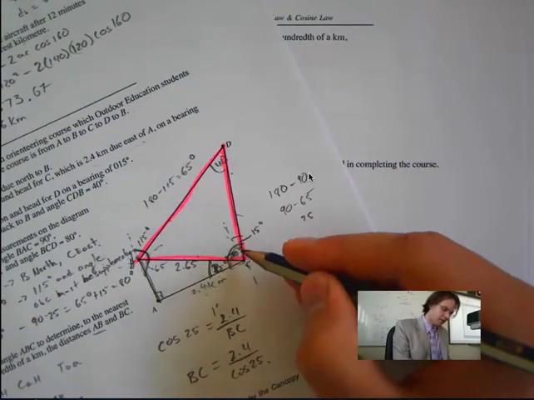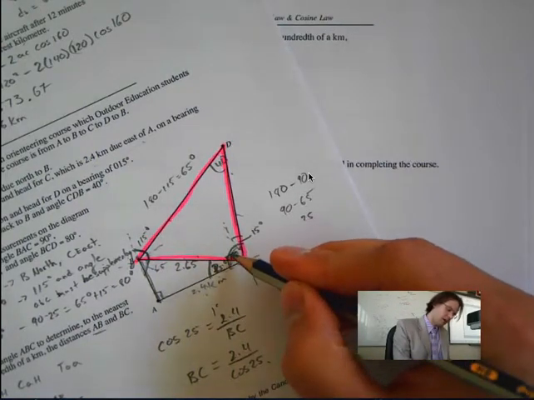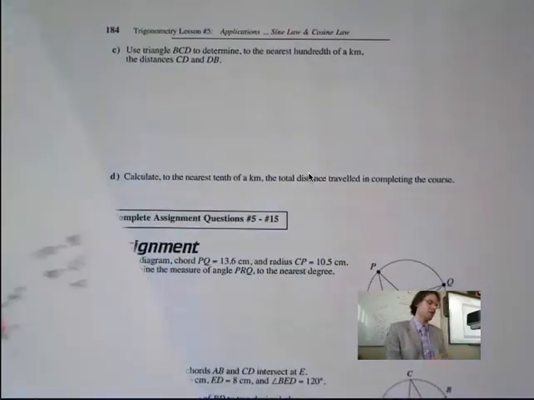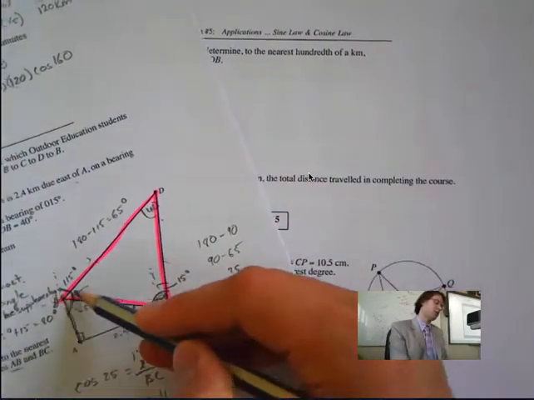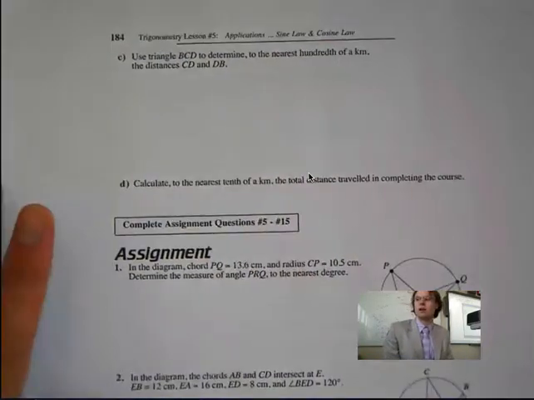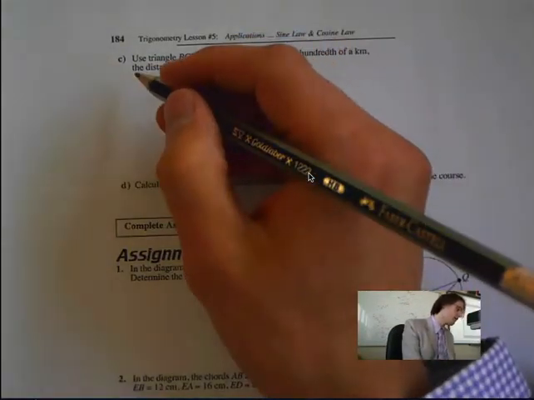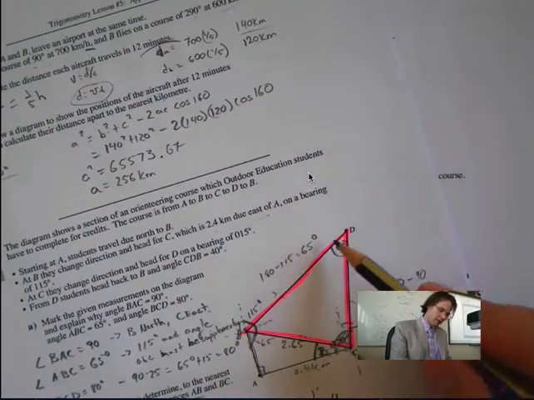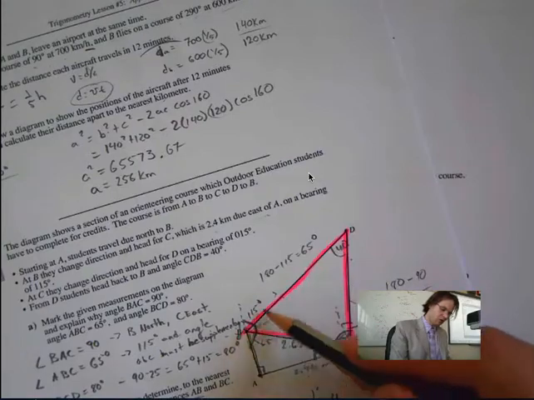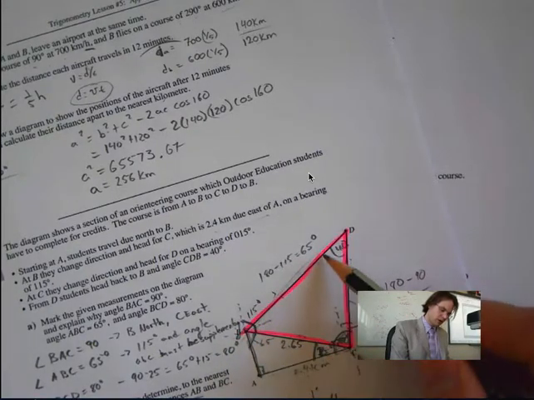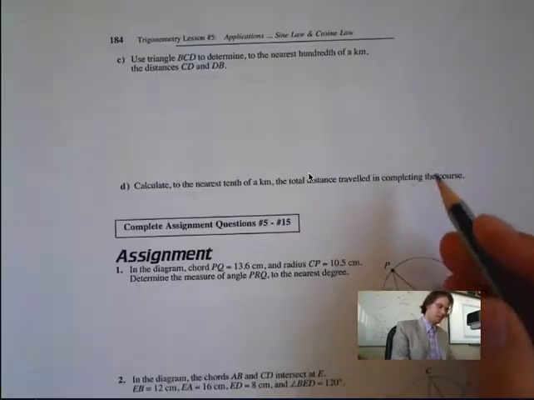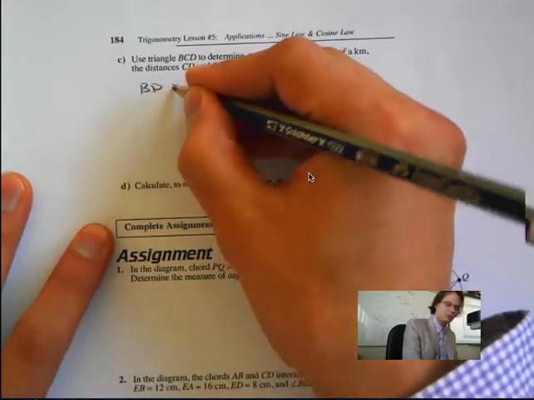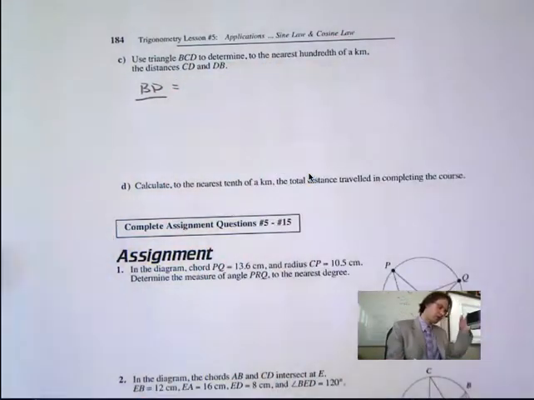We also know that this here is going to be 80 degrees. Now, since this is 80 degrees, we can set up our sine, because we know this ratio and we know this angle. We also know that angle. So now we can set up our sine ratio. And first of all, I'm going to use this one right here. I'm going to first find BD. So BD is equal to, we're going to use the sine ratio.